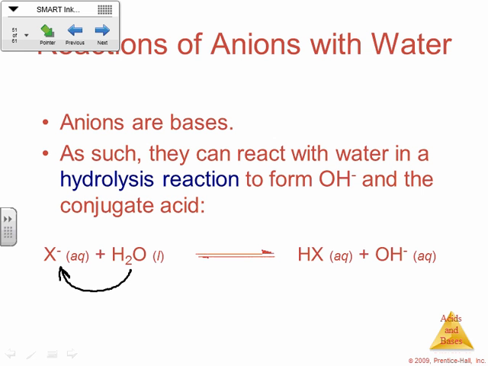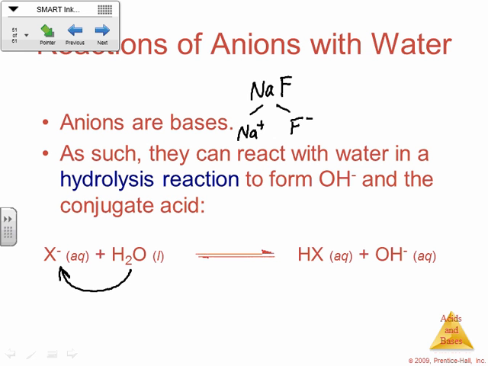So a lot of times when you put a salt into water, now sodium chloride's a bad example because we'll talk about that in a minute. But if you put something like sodium fluoride into water, the first thing it's going to do, because this is an ionic compound, is dissociate into Na plus and F minus.